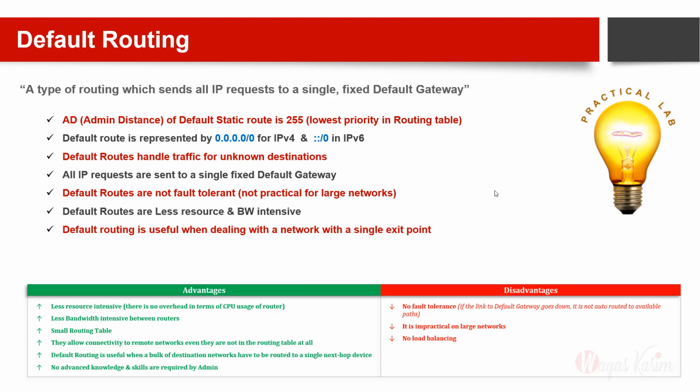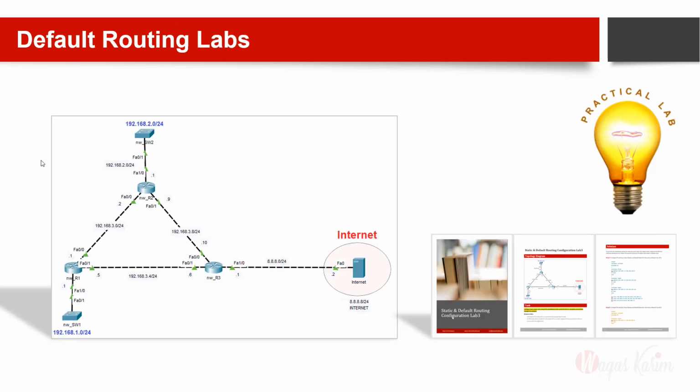We have to pass through our ISP, our internet service provider company. Some important characteristics of default routing are mentioned here, and I have also created a default routing lab for you, which you can follow step by step like all my previous labs. Here you have been given a task to configure static routing on these three routers, router 1, router 2, router 3, and we have these destination and internet as well.